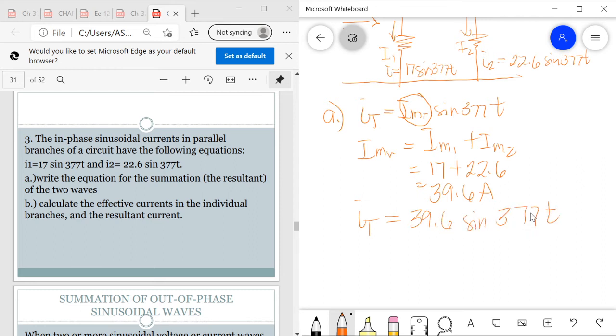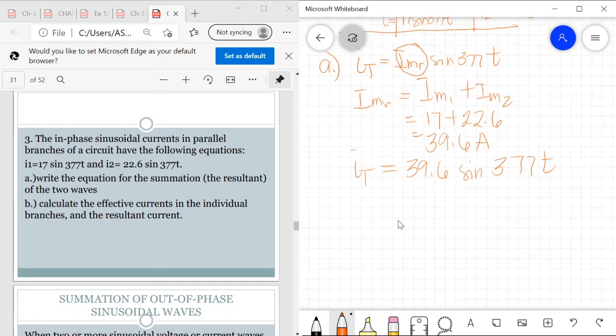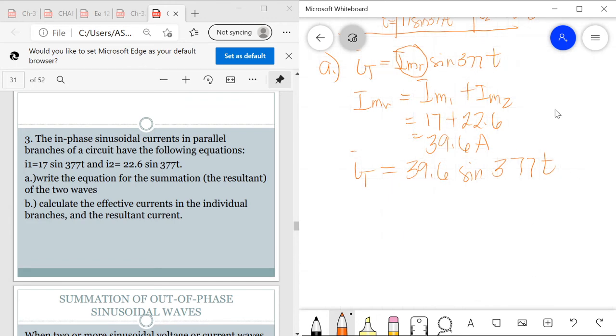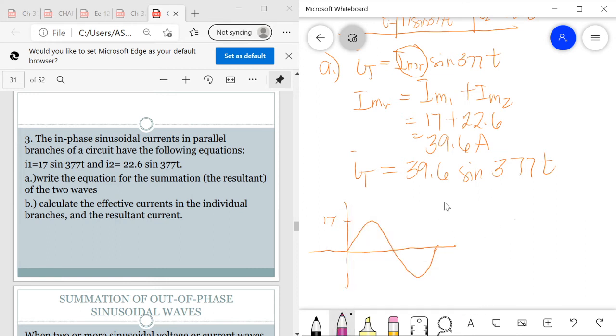If we are going to graph or draw the vector diagram or sine wave, sige, yung dalawa, i-draw natin. For the sine wave, yung isa ay 17, yung isa ang maximum niya ay 22.6. So, let's say this is your 17. Ito yung 22.6. Nandito.